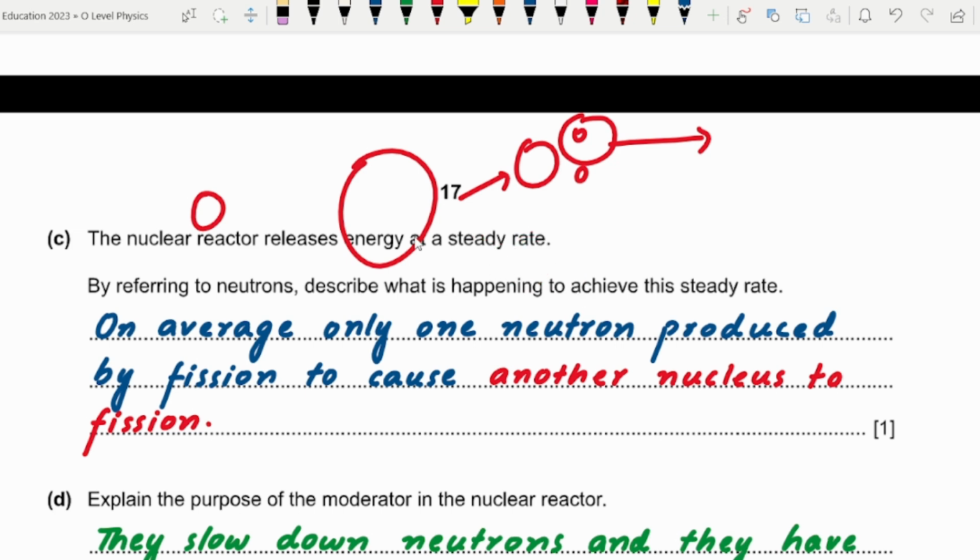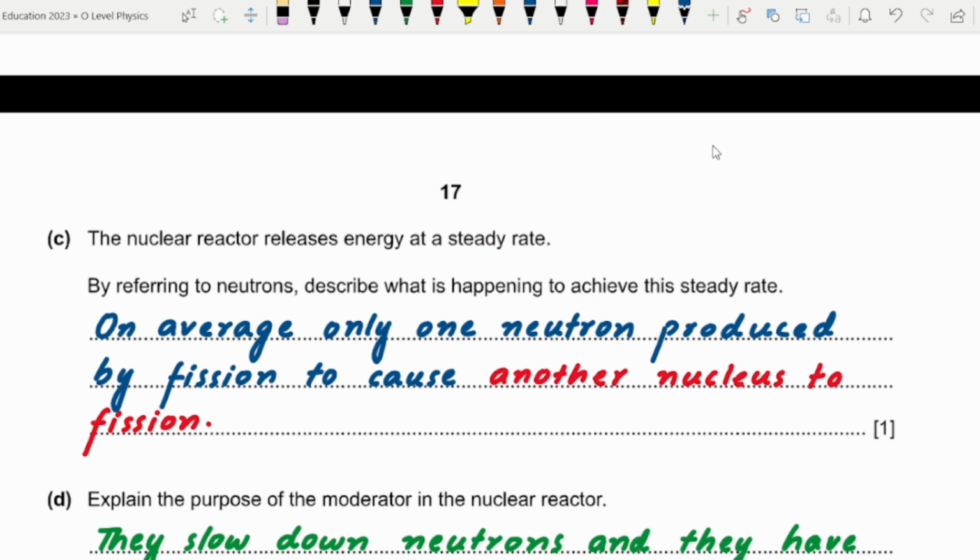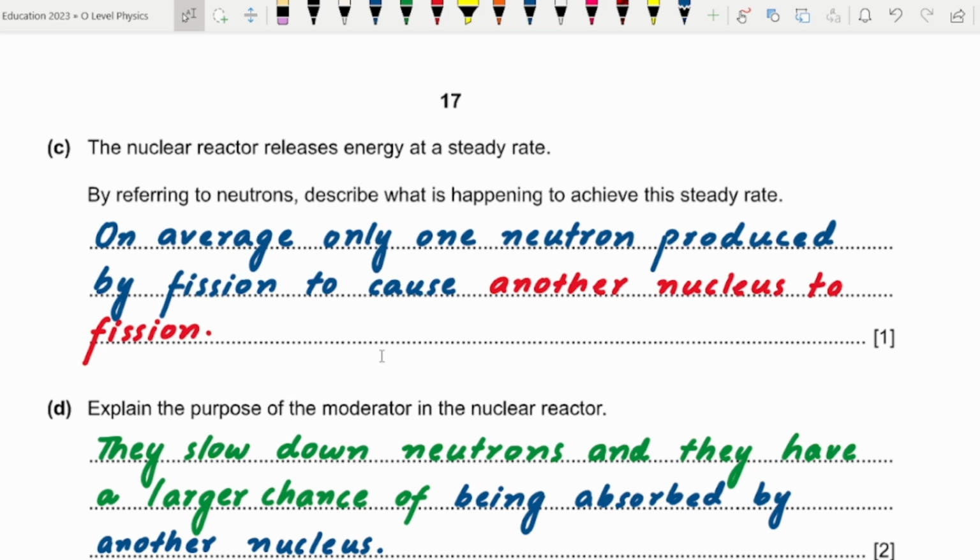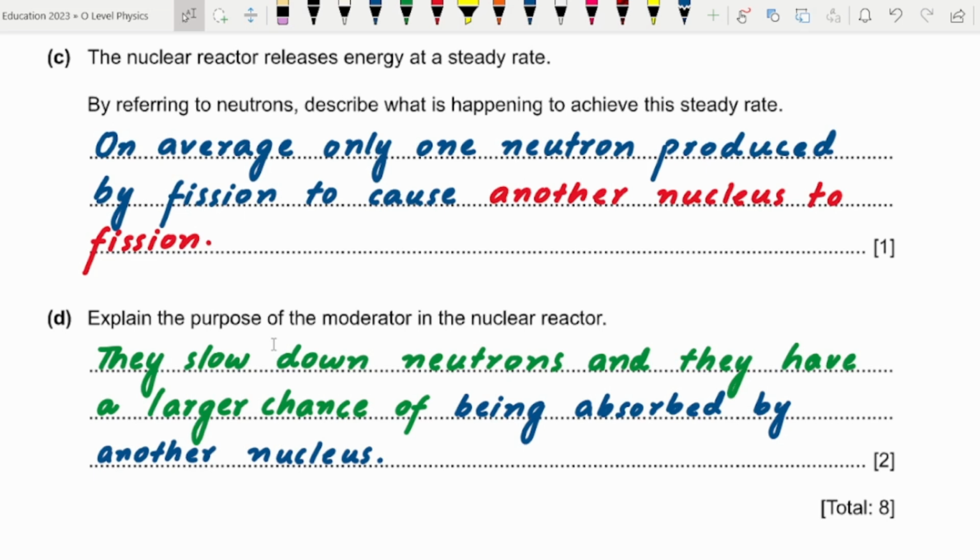This is how we ensure that a steady state is reached. So on average, only one neutron produced by fission causes another nucleus to fission.